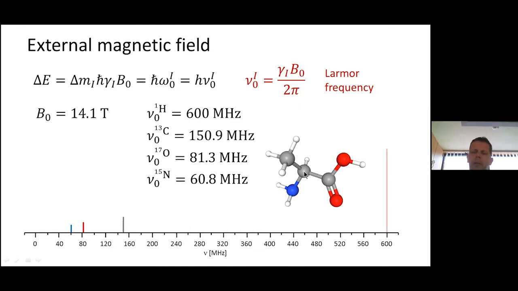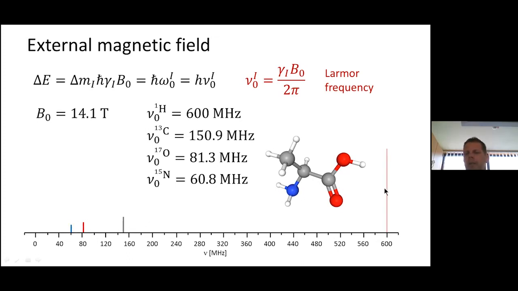Because then, for example, for such a molecule in a magnetic field, we could see 4 different contributions: one belonging to all 3 carbon nuclei, then 1 signal for all hydrogen nuclei, 1 signal for all oxygen nuclei, and 1 signal for all nitrogen nuclei.